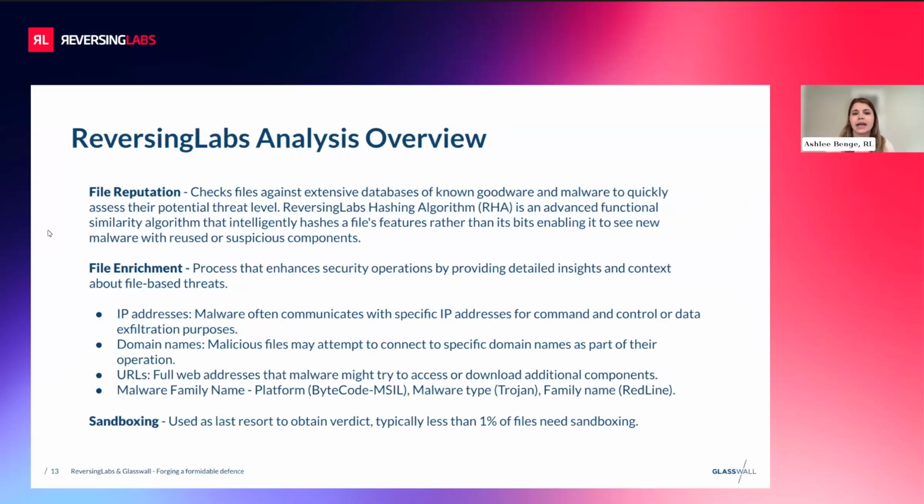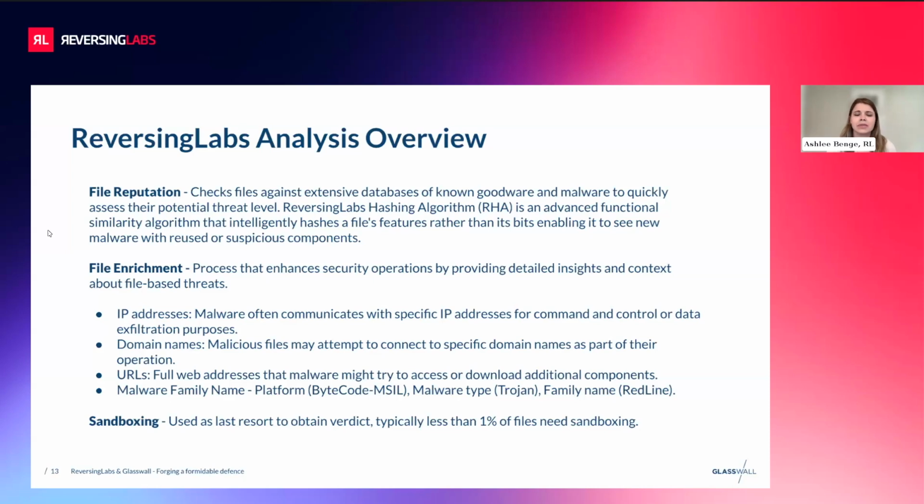But we're able to do this, like I said, with a technology called ReversingLabs hashing algorithm, or RHA. And what that does is look at the file's features or behavior rather than any sort of particular file as a whole. And this allows us to compare the components that are within the file versus just a simple hash check or things along that line. So that's the static analysis, or the least complex version of ReversingLabs.